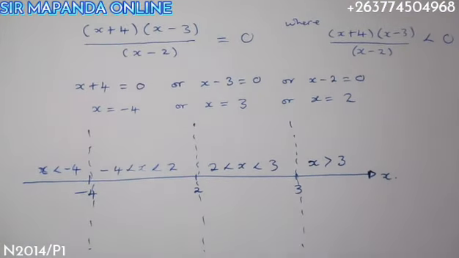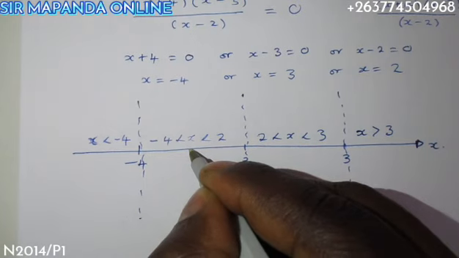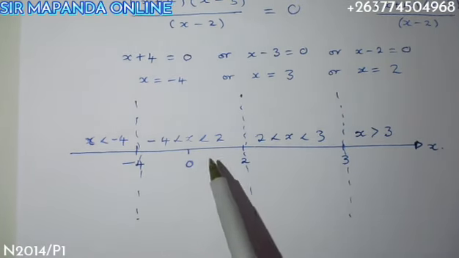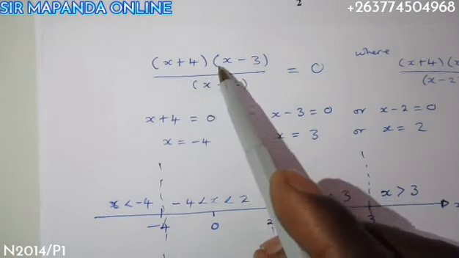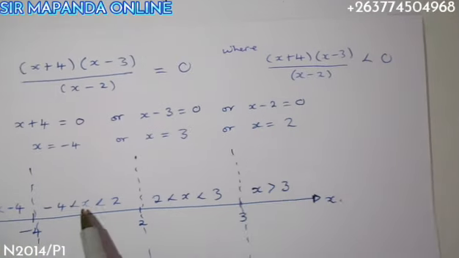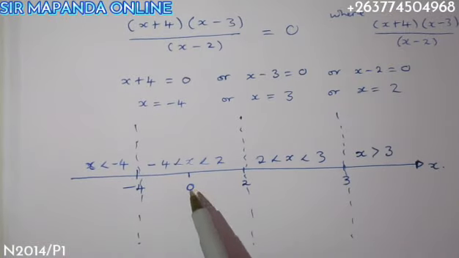Right, so now that we have prepared the number line, we now want to test the acceptance region. Right, so let me choose 0 first. 0 is in this region, the second one. We now want to substitute 0 inside the brackets to test whether the left hand side is going to be lesser than 0 for this region to be true.